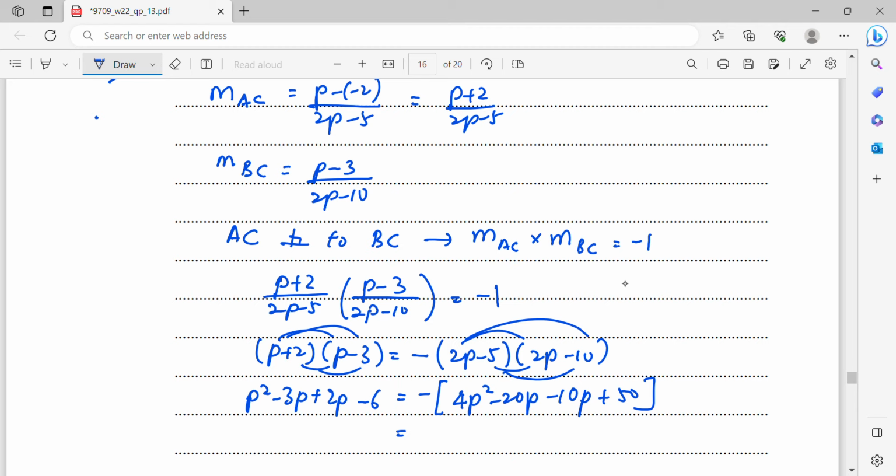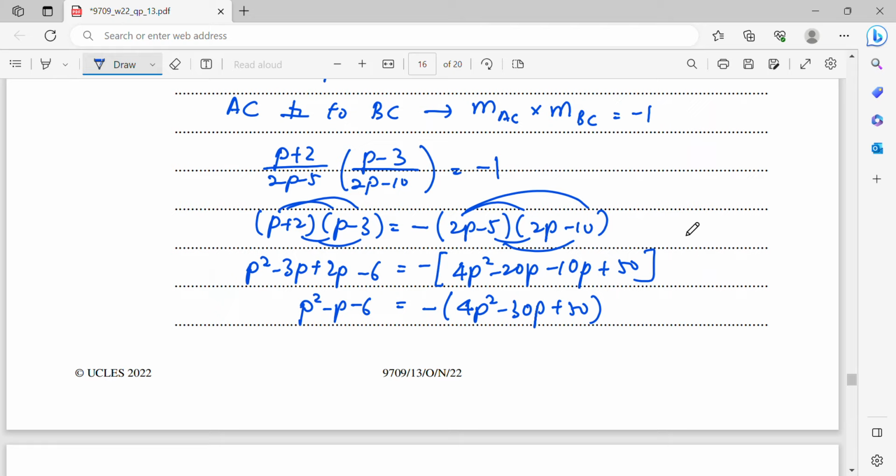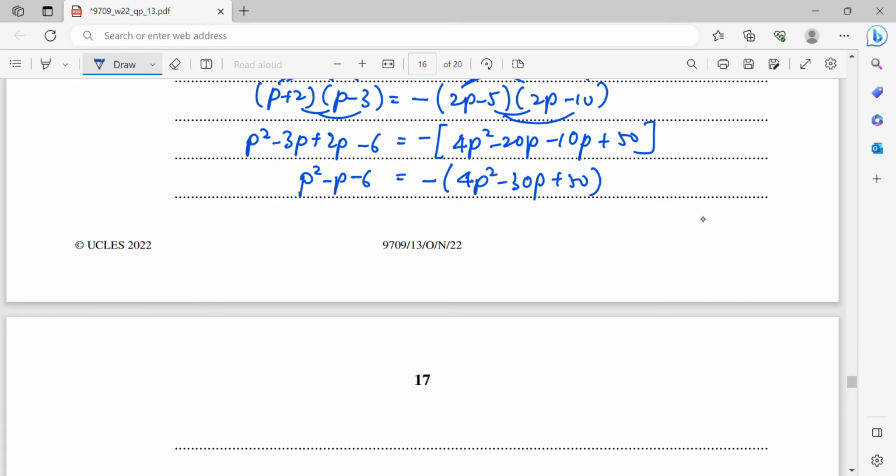So now, when we solve, you can just move all the terms to one of the sides. My left hand side is p squared minus p minus 6. My right hand side is going to be negative of 4p squared minus 20p minus 10p, which is negative 30p, then plus 50. So when I solve, I will move all the terms to the left hand side.